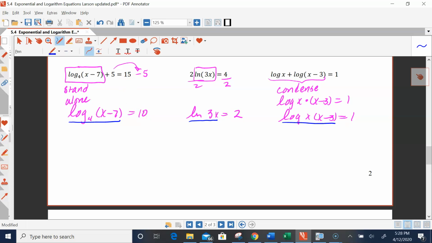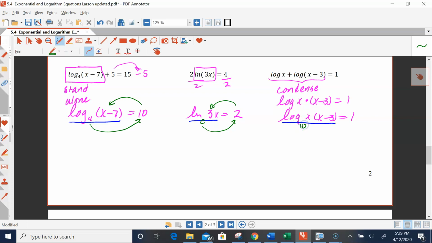That's going to tell me to use this property where I bring it full circle, which means, let me go with a different color here. Let's go with the green. Which means I take this base 4, raise it to this power 10, and set it equal to that argument. This base of e, raise it to the second power, set it equal to that argument.